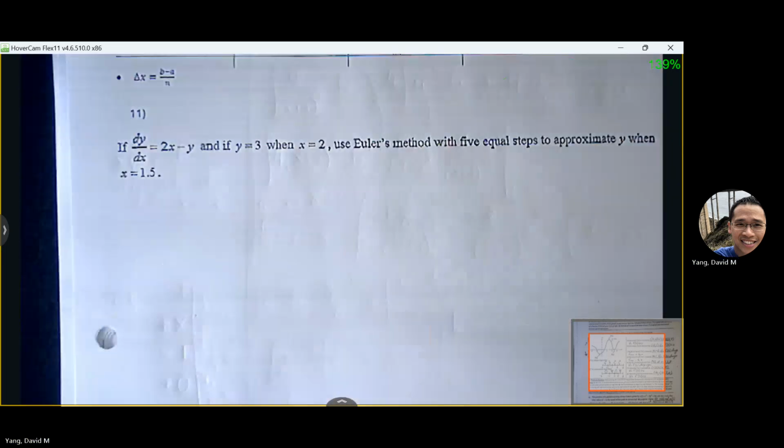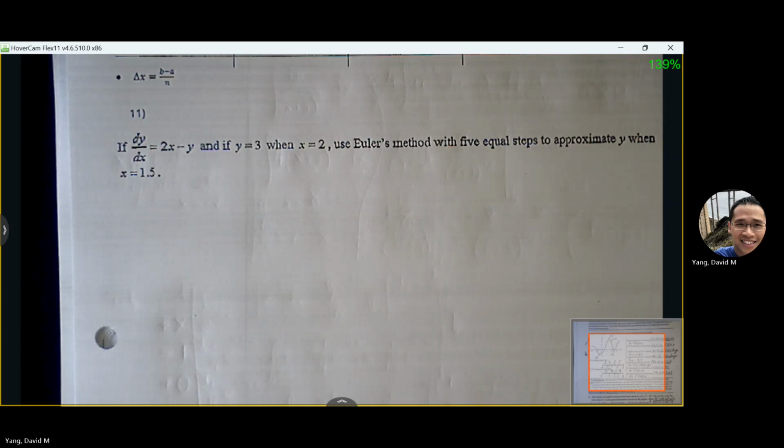Okay, page 4. With Euler's method, we're using linear approximation to work our way through.